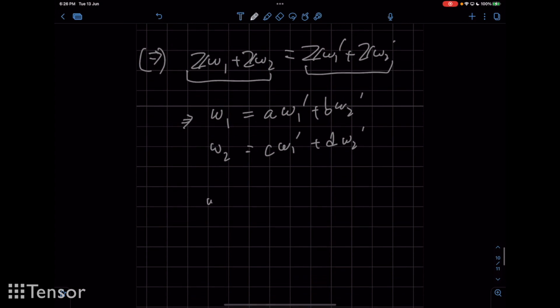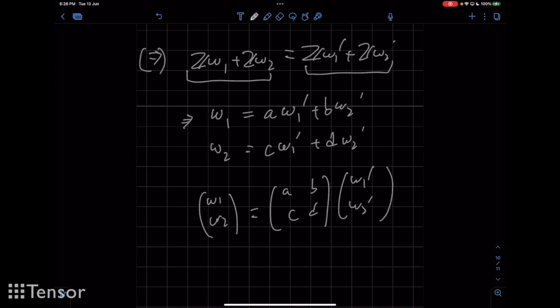That is, omega 1, omega 2 equals A, B, C, D times omega 1 prime, omega 2 prime. And all the entries of this matrix are integers.